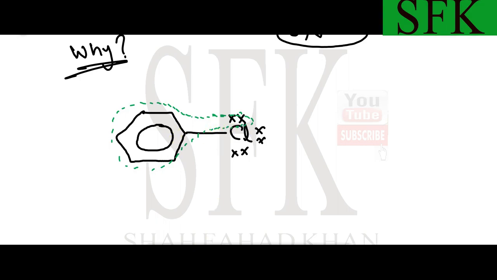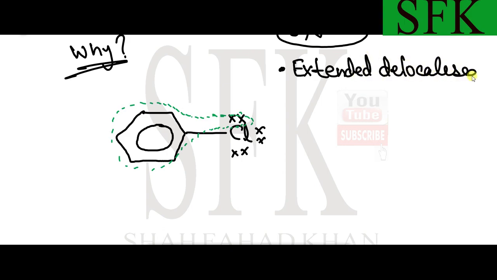So the first point in our answer is that there is an extended delocalized pi orbital that exists in chlorobenzene.